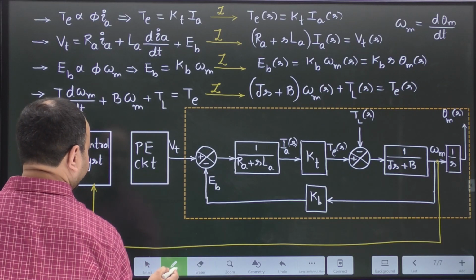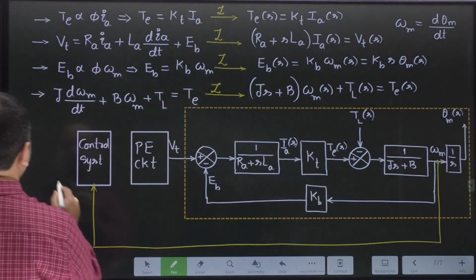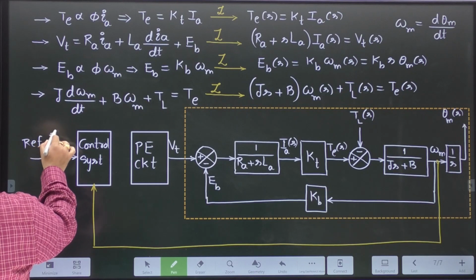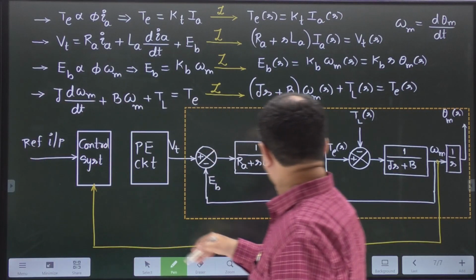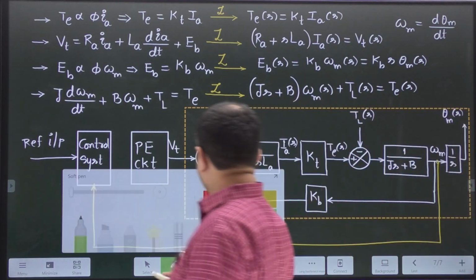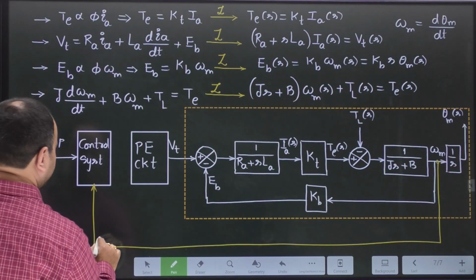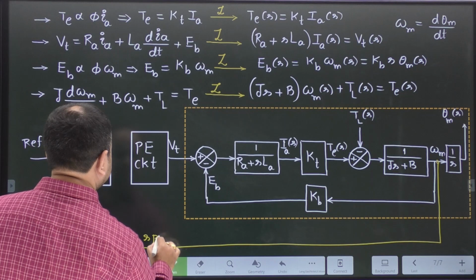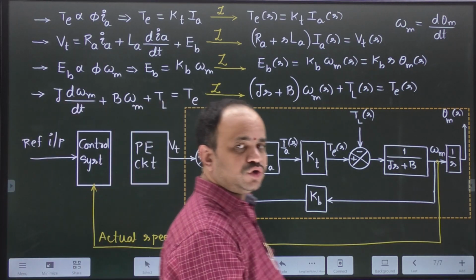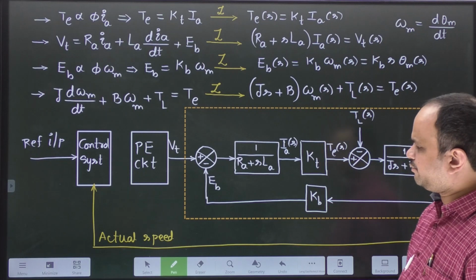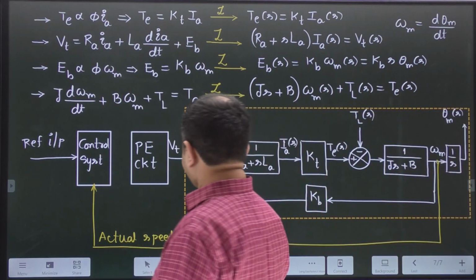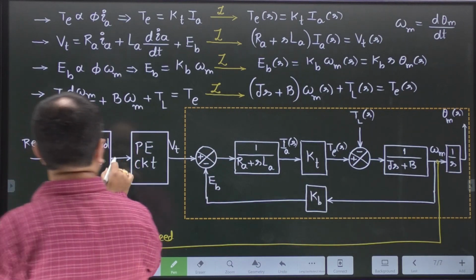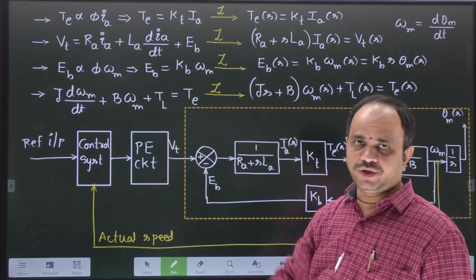The actual speed will be given as input here and compared with the reference input, so that if the actual speed is not as per the required or reference speed, the control system will take corrective action and give a suitable command to the power electronic circuit.